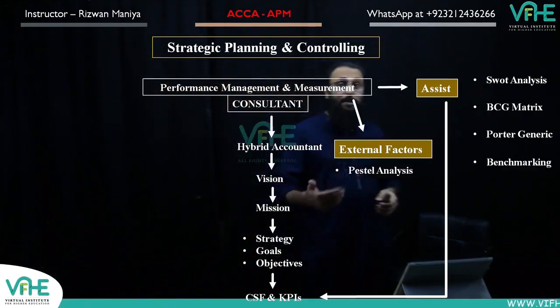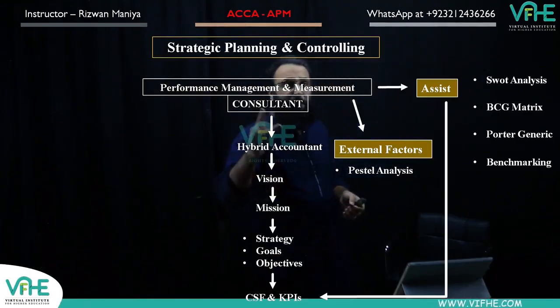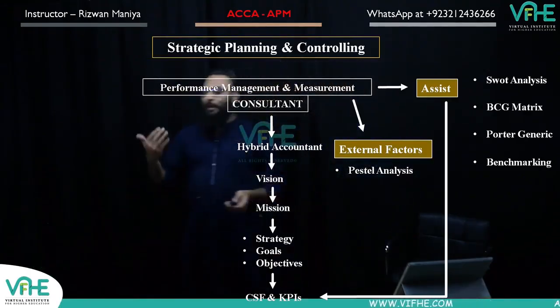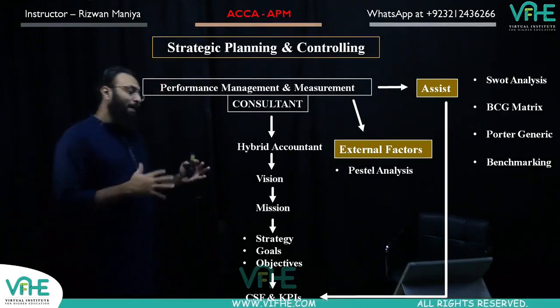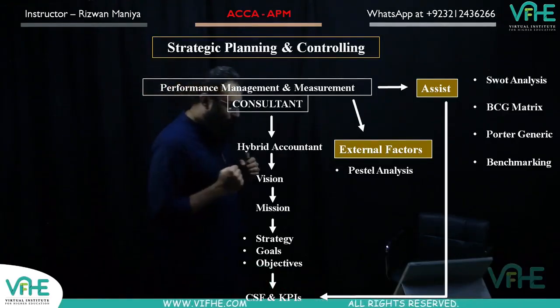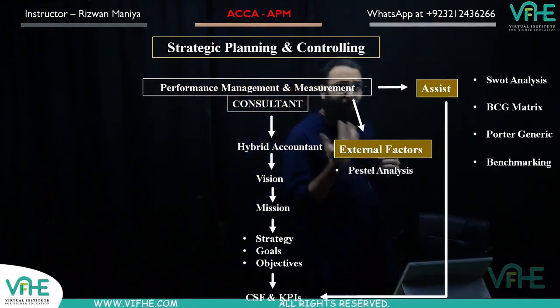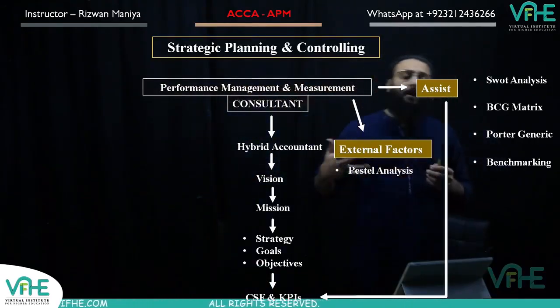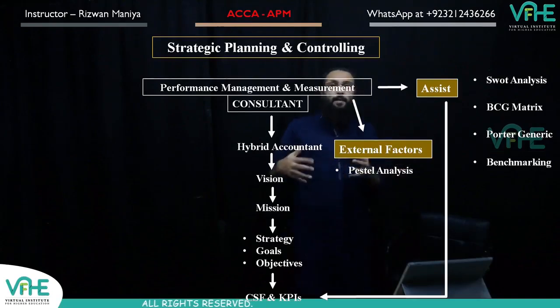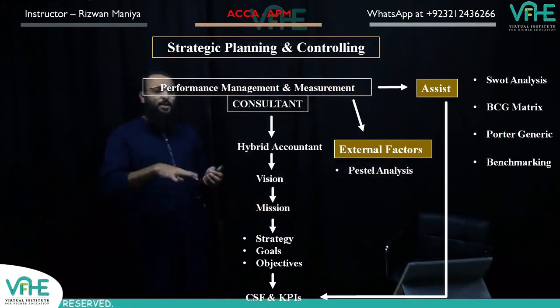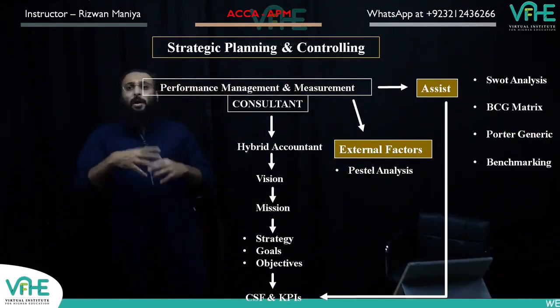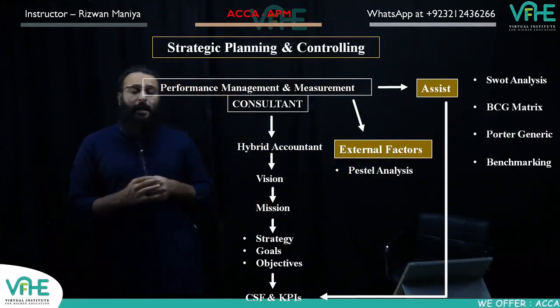Now, as a consultant, what you do? You look at the political factors, the economical factors, the social factors, and the technological factors. By understanding the PEST, which again I think in APM you might be provided with, with less chance that you have to do it yourself.